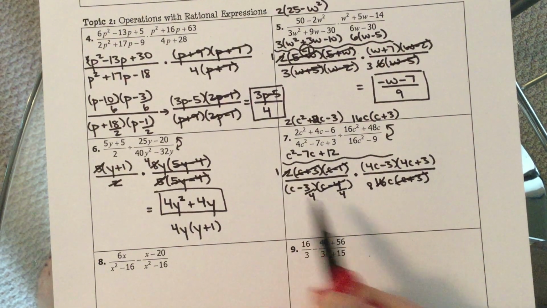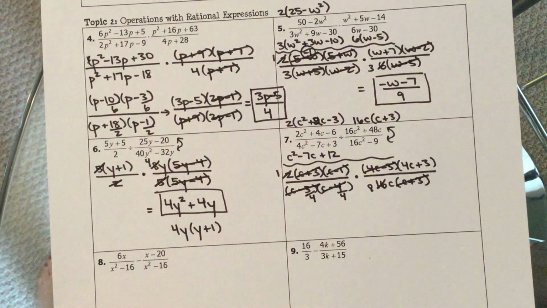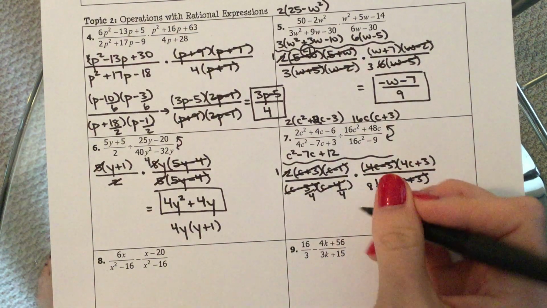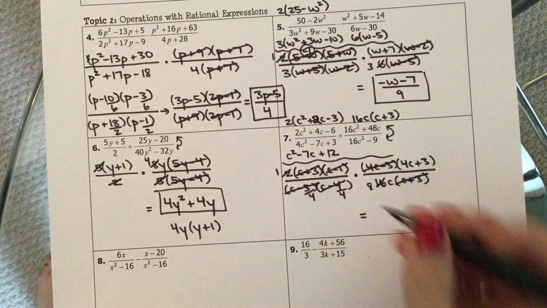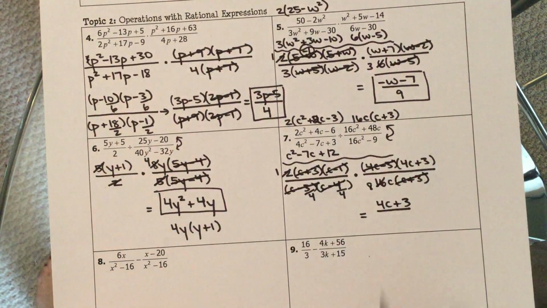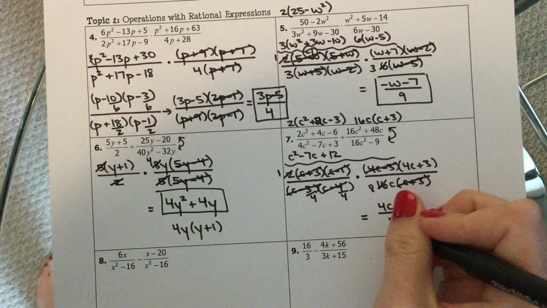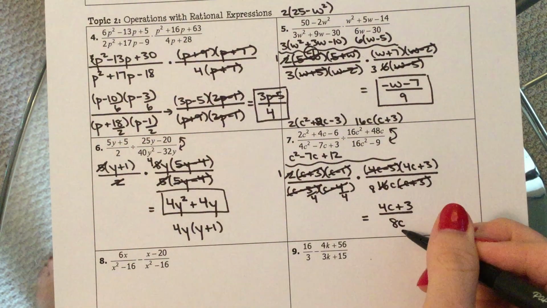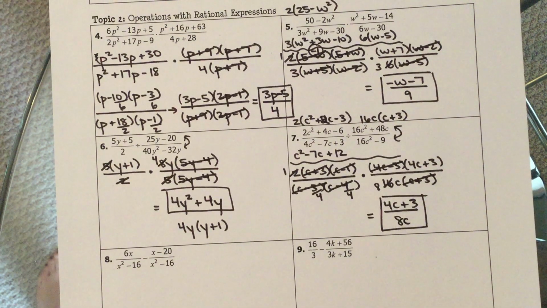This 4 would slide back here, and we'd have a 4c minus 3, which can cancel with this 4c minus 3. So if we look closely, I have a 4c plus 3 as my only thing left over in the numerator. Denominator, I have an 8 and a c. Remember, this is a binomial, this is a monomial. You cannot try to cancel little pieces like that.